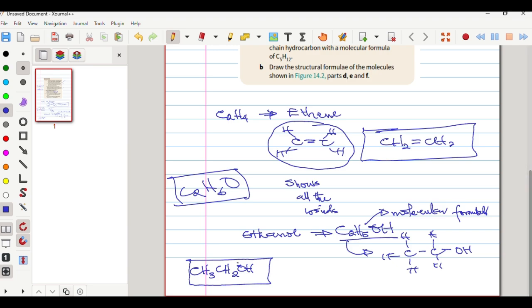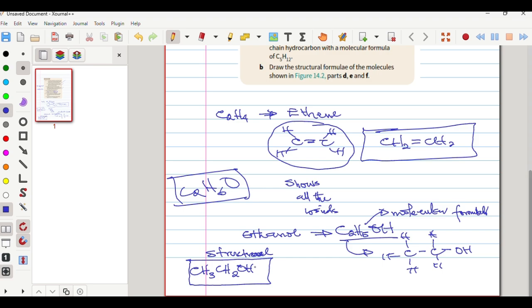So this is again the structural formula. The structural formula shows how the atoms bond without showing the bonds, except when you have a double bond or triple bond. That is when it will show.